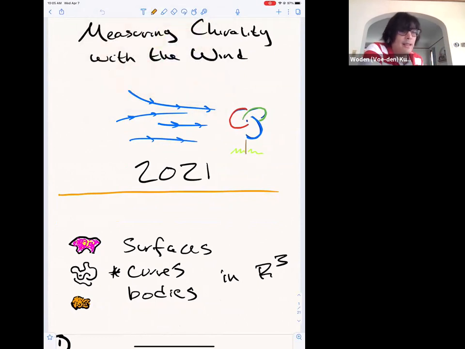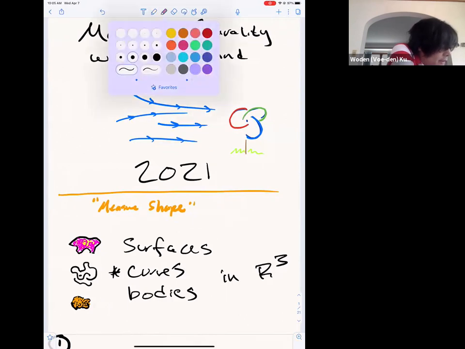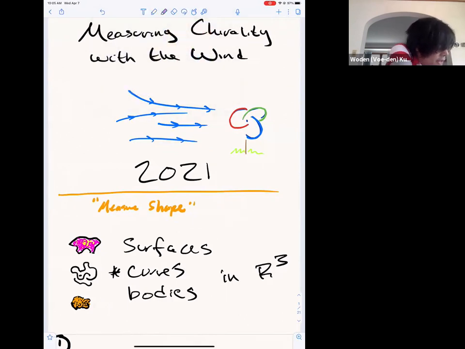I'll annotate this as, okay, what do we want to do? We want to measure some shape. Right, we're going to measure shape. Some of the key points to keep track of are that we're going to try and measure the shape of curves in general, and we'll stick to R3.